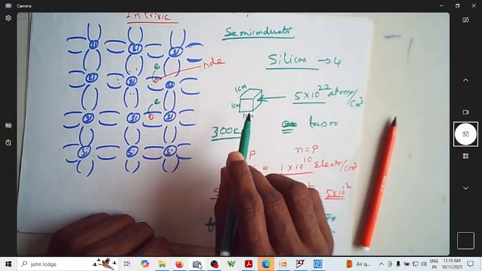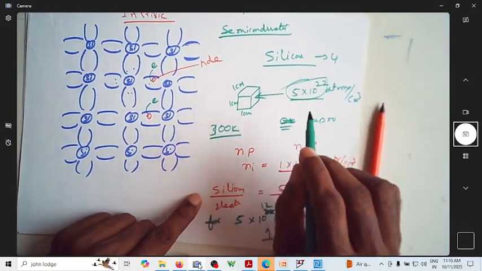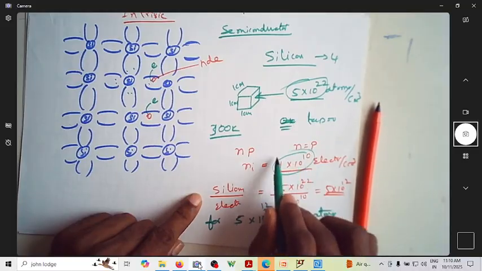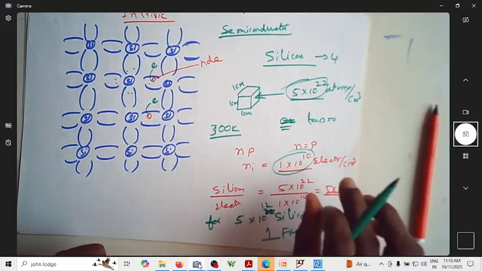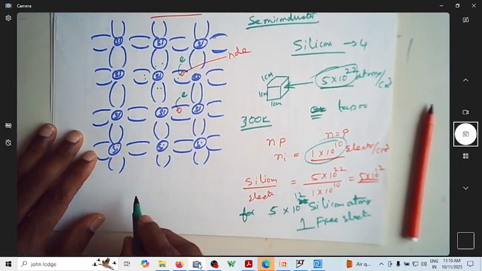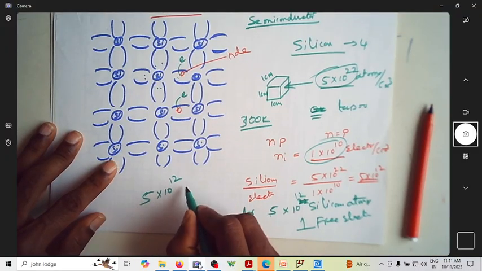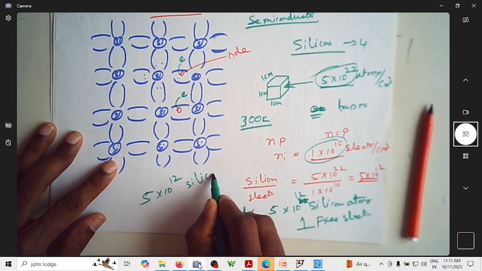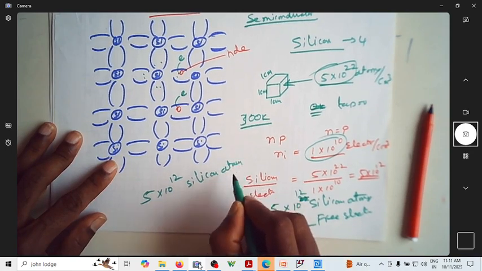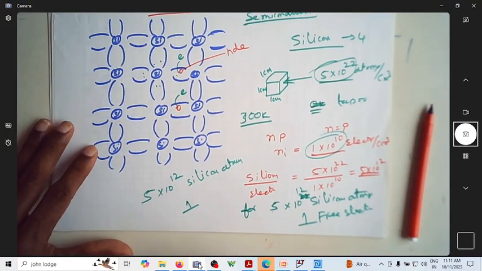We are considering 1 centimeter cube, in which I have this number of silicon atoms and this number of free electrons. So if you quantify the number of free electrons relatively, for every 5 into 10 power 12 silicon atoms, you have hardly only one free electron.